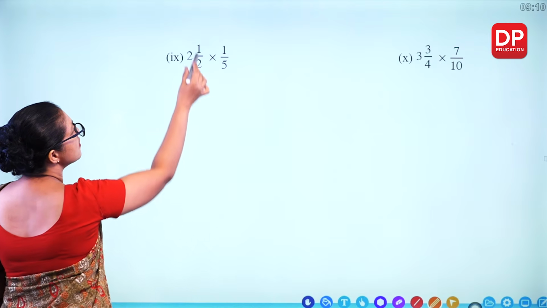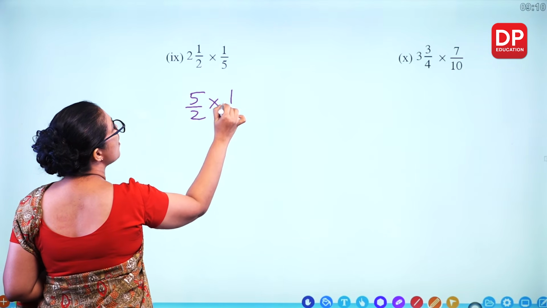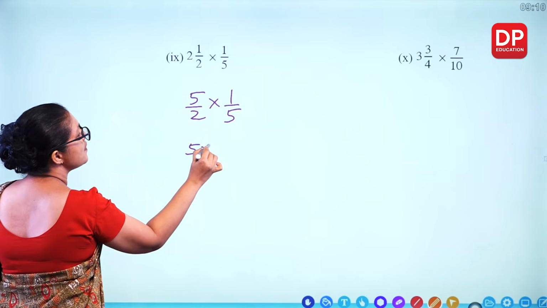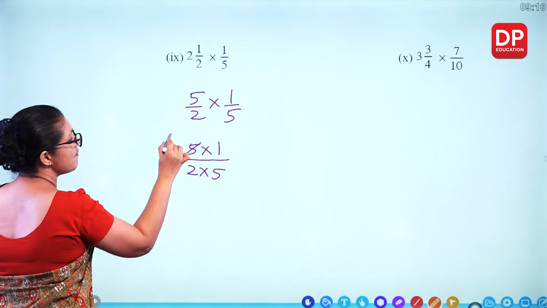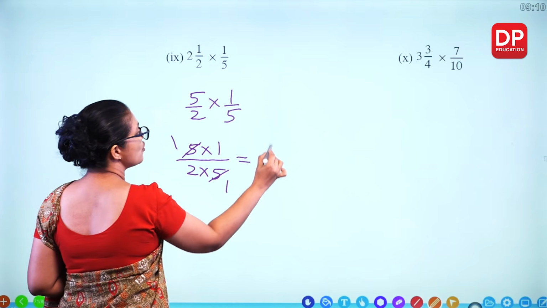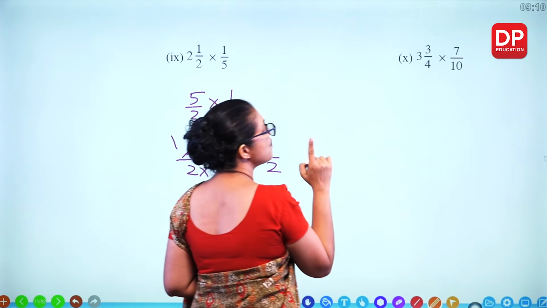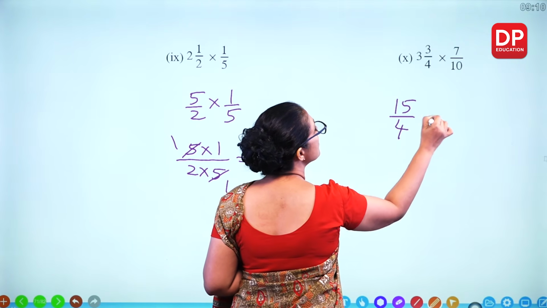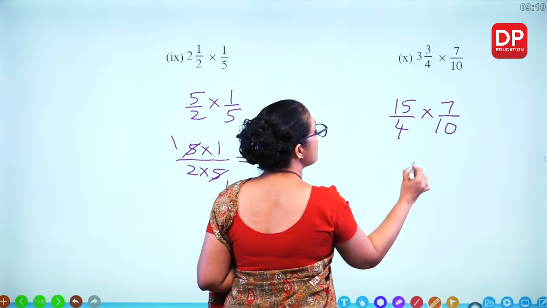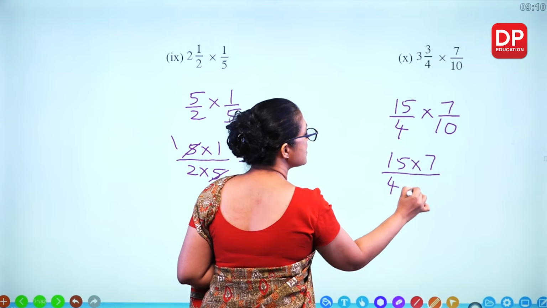This one, convert this to an improper fraction. 2 times 2, 4 plus 1, 5 into 1/5. Multiply the numerator, denominator separately. 5 and 5 get cancelled out. You get half. This one, 4 times 3, 12. 12 plus 3, 15. Multiply the numerator separately and denominator separately.